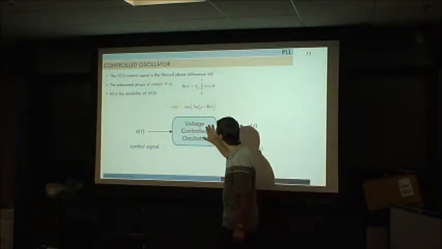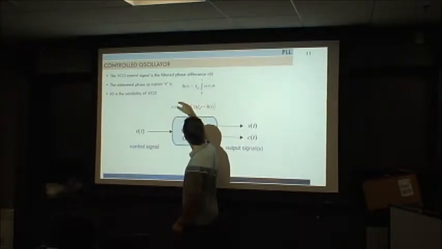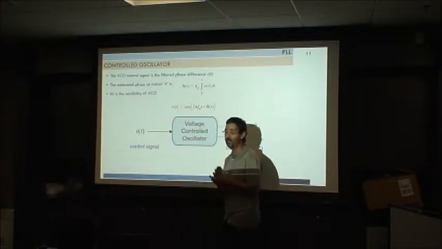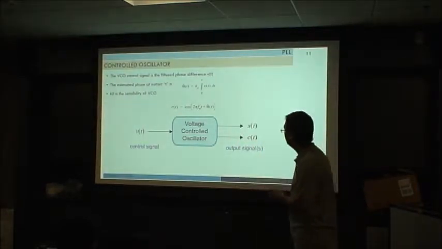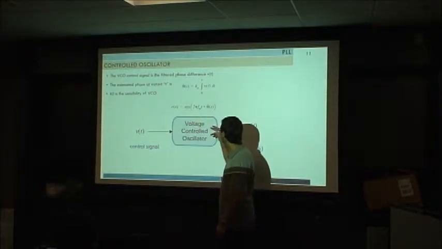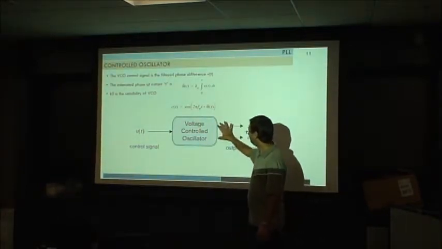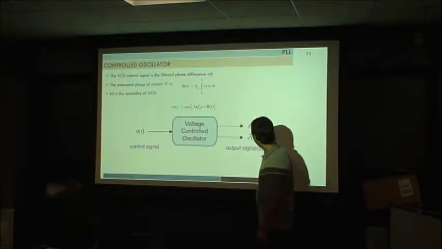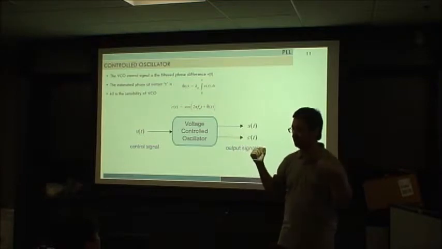These blocks integrate this signal, and we have some estimation of the instantaneous phase. Depending on that instantaneous phase, it will create an output, that could be sine and cosine, could be both, or just one. But basically, remember these signals are the ones that we want to use to make the down conversion.